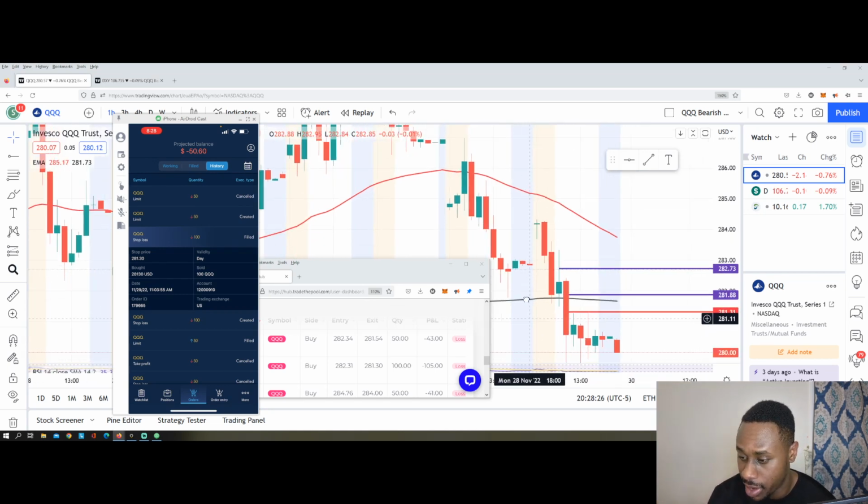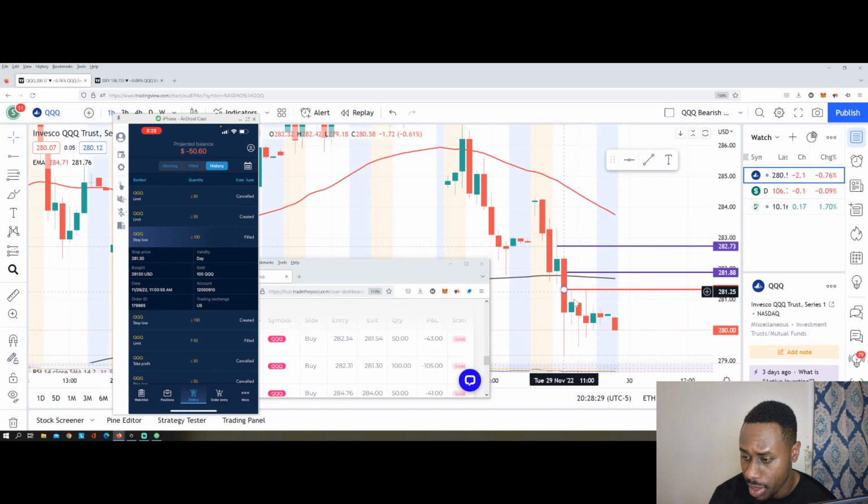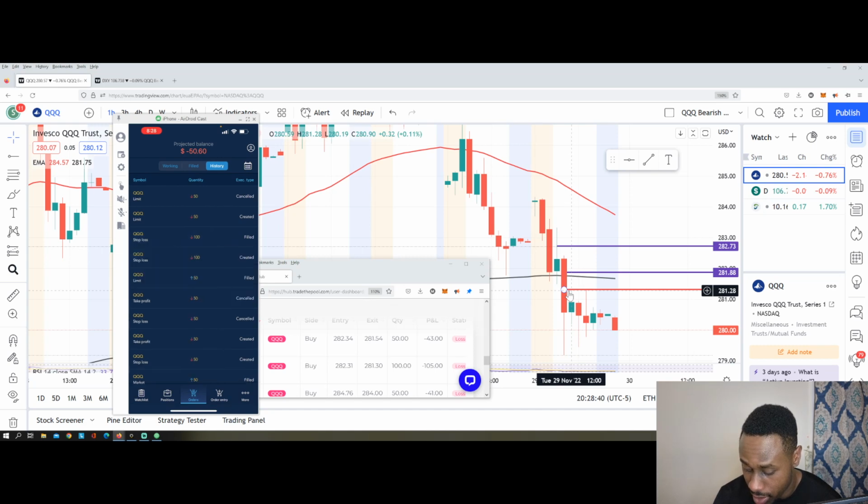If I had not set a stop loss here, I would have been exposed to all of this push down here. So I wanted to make sure I had some protection while entering these trades, and that's basically what happened.